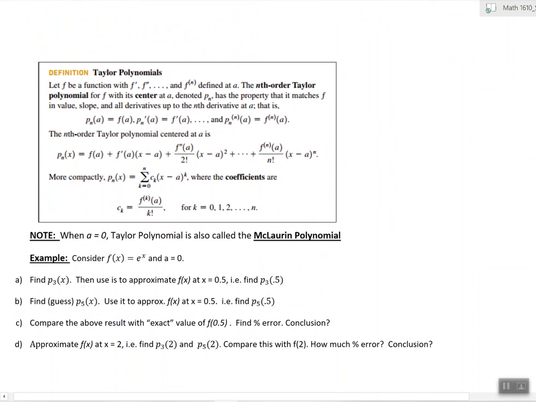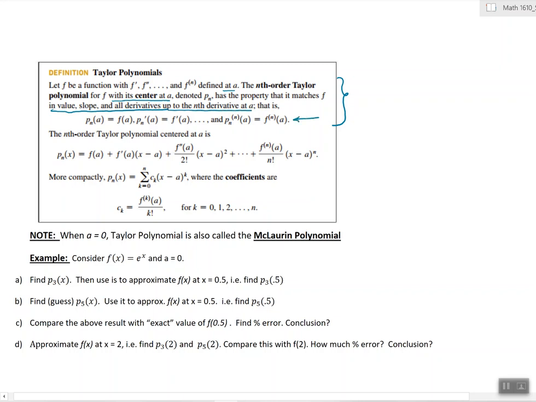So let's read this. The first part of it is repetitive, but let's read it slowly. So what are Taylor polynomials? Let f be a function with first, second, third till the nth derivatives defined at a. Then the nth order Taylor polynomial for f with its center at a, denoted by Pn, has the property that it matches f in value, slope, and all the derivatives up to the nth derivative at a.